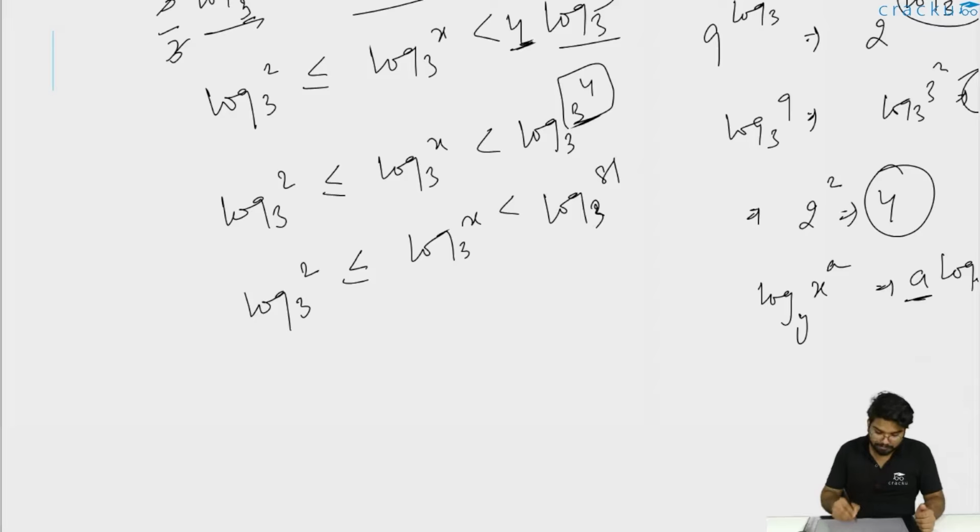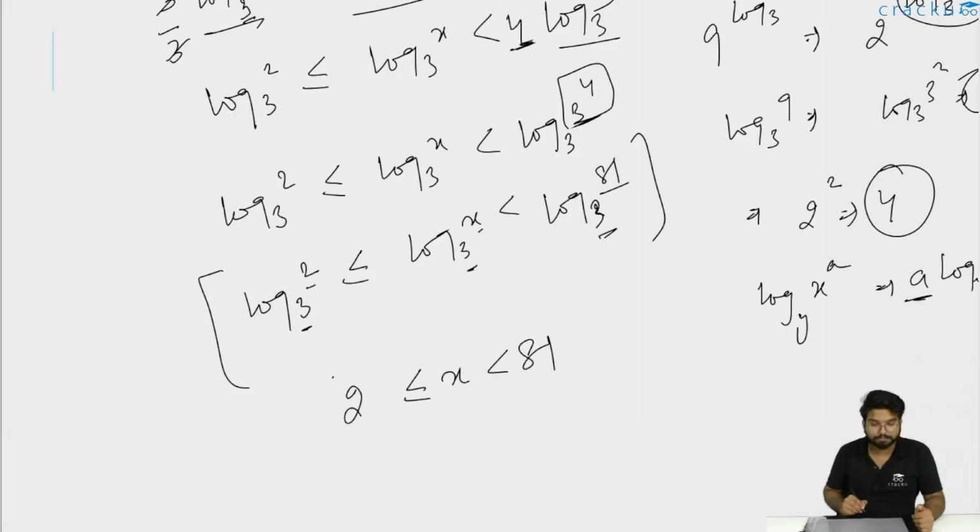Now if you simply compare and equate, our base is the same. So for the same inequality we can say x should be greater than or equal to 2, but it should be less than 81.